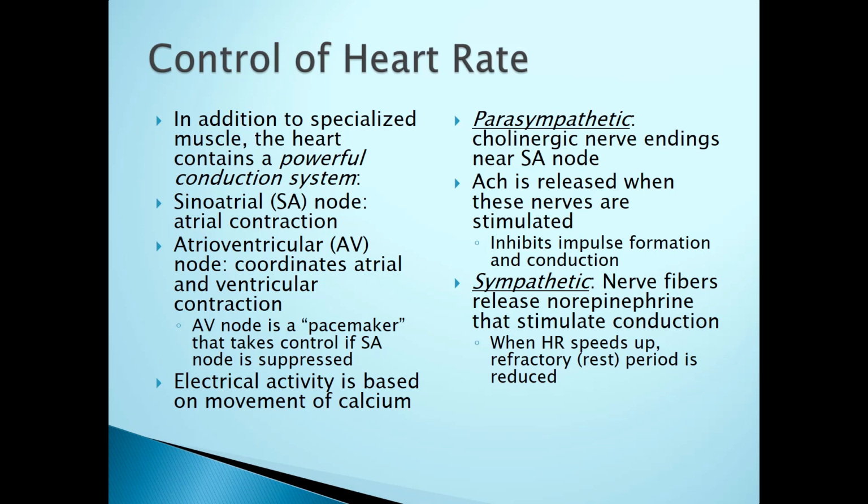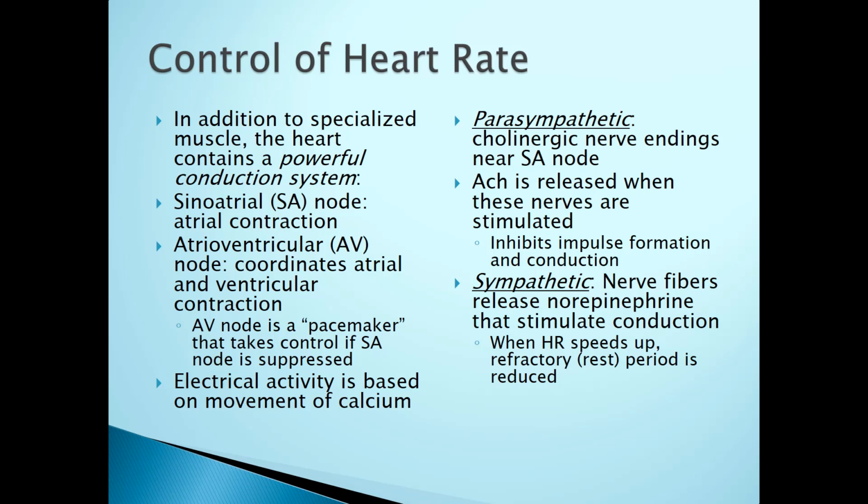Cholinergic nerve endings near the SA node are going to react to acetylcholine, and that's going to inhibit impulse formation. It's going to inhibit the electrical conduction that helps to control the contraction of the heart. Sympathetic system influences will involve nerve fibers that release norepinephrine, and that's going to speed up the heart rate.